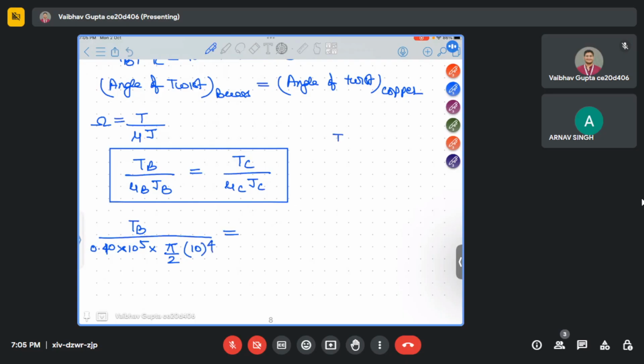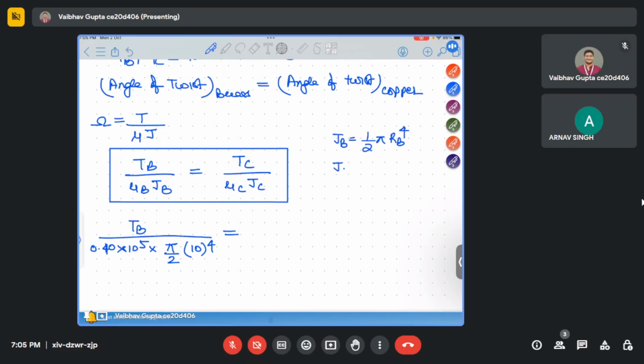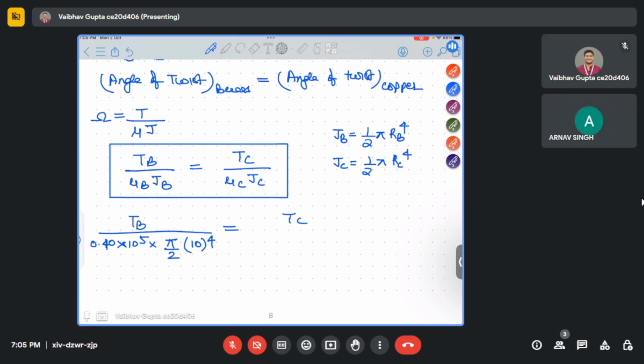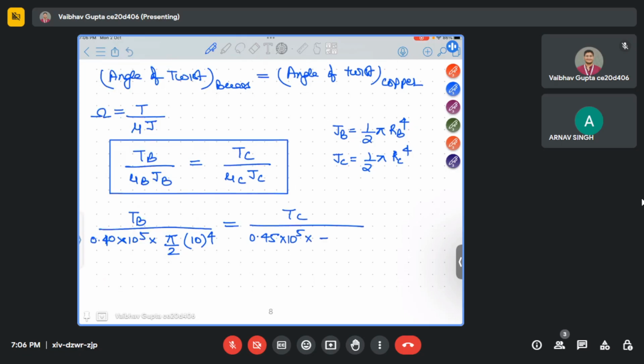JB is equal to half into pi into RB to the power 4, polar moment of inertia. And JC equal to half into pi into RC to the power 4, where RB and RC are radius of brass and copper. Power 4 only, right? Yes, sir. Very good. Which is equal to now mu C 0.45 into 10 to the power 5 into pi by 2 into 20 to the power 4, because radius of copper is 20 mm. This expression understood? Yes, sir.